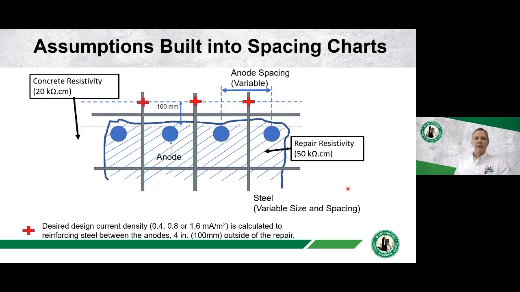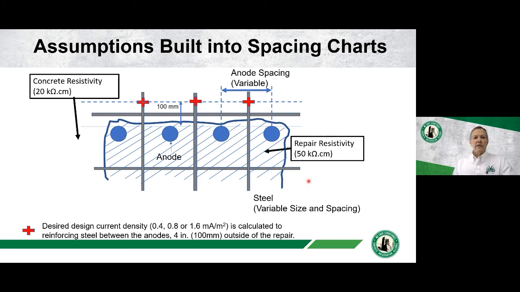Now, there are a number of assumptions that are built into the spacing charts and the calculations for those curves that I just showed you. And I'm going to go through and talk about some of those as we proceed here.